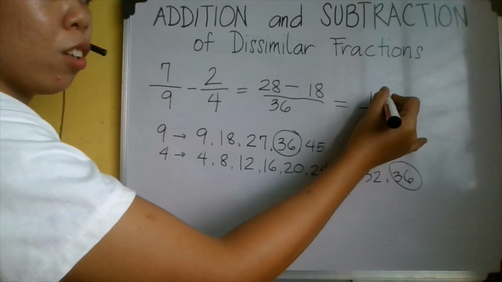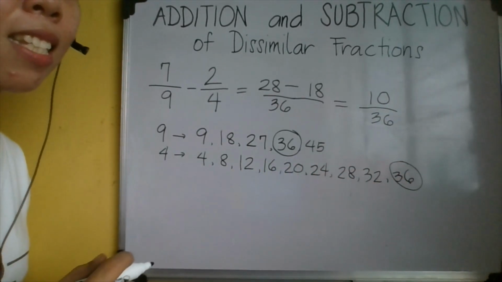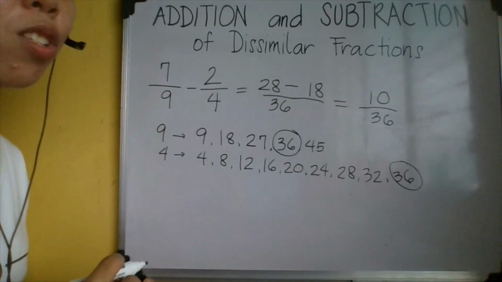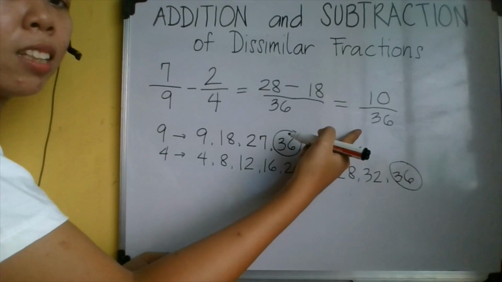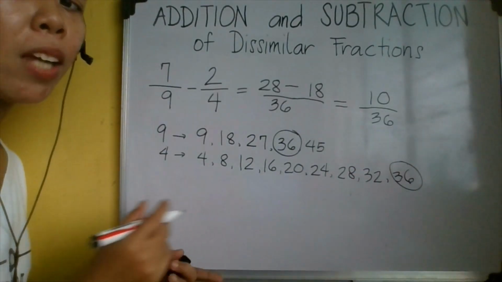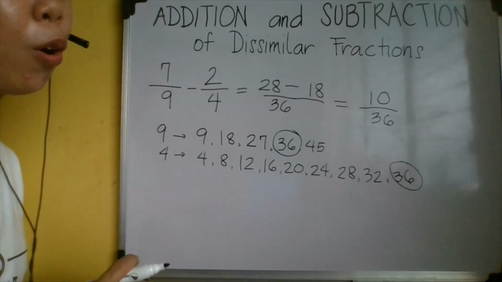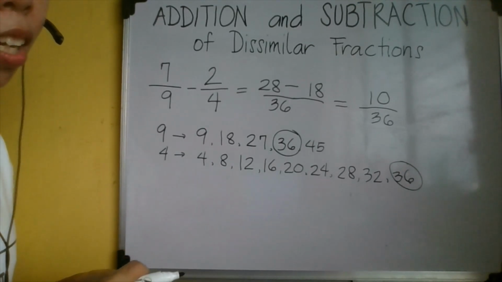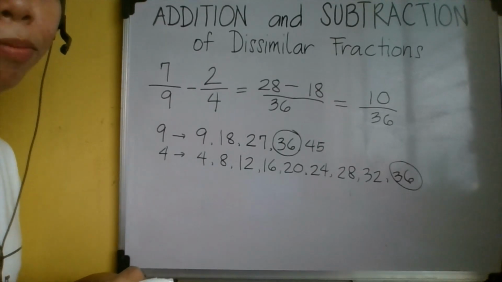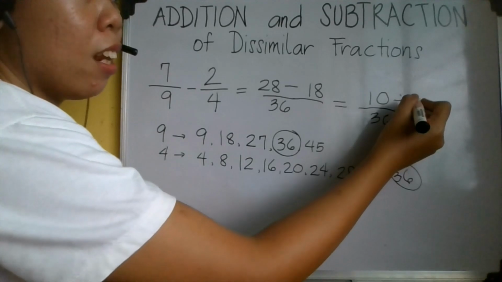And 10 over 36 is not in its lowest term. So we have to reduce 10 over 36 by dividing it by their greatest common factor. So ano yung greatest common factor ng 10 and 36? So that is 2. So i-divide natin yung 10 at saka yung 36 by 2.